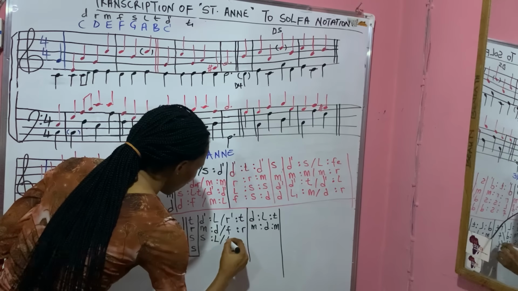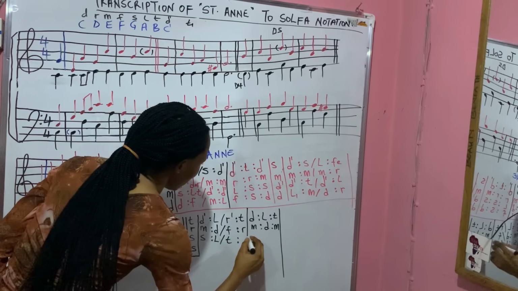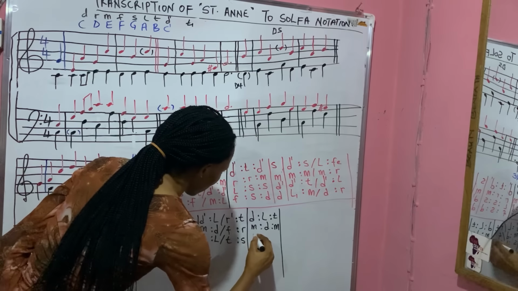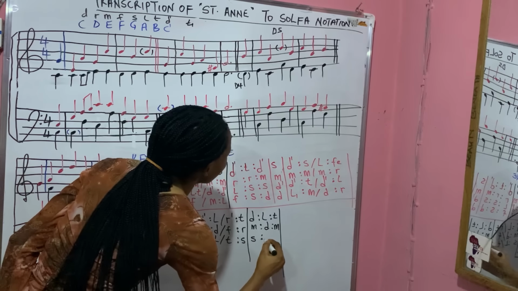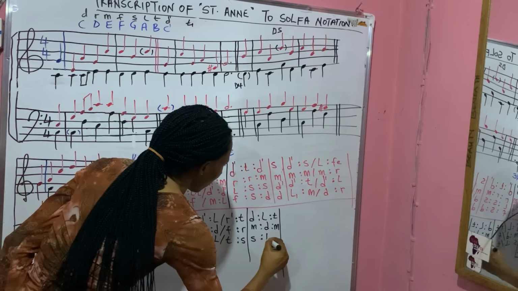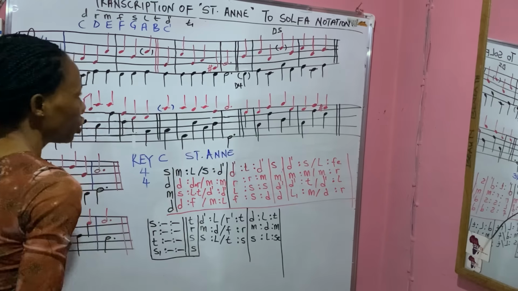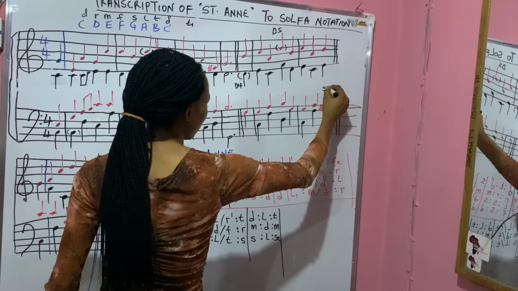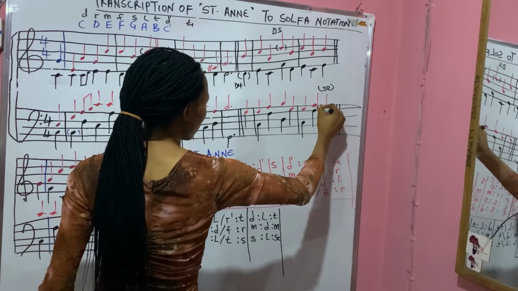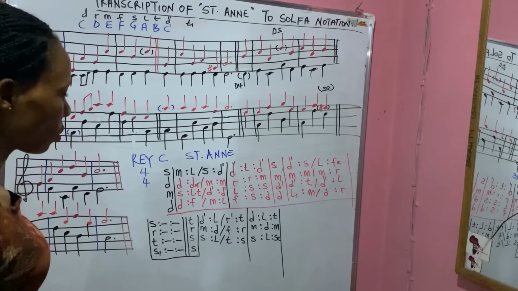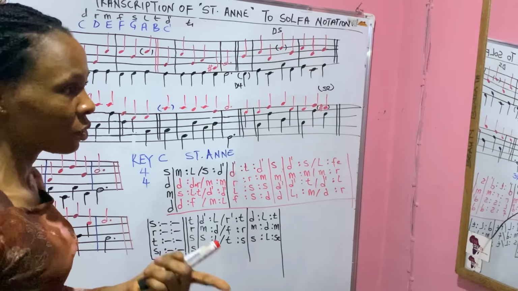Then we have B as T, and then another So, then another So, then we have A, which is La, and we have G sharp. G sharp is Z, because G sharp is not in the scale of C major, so it's an accidental note.